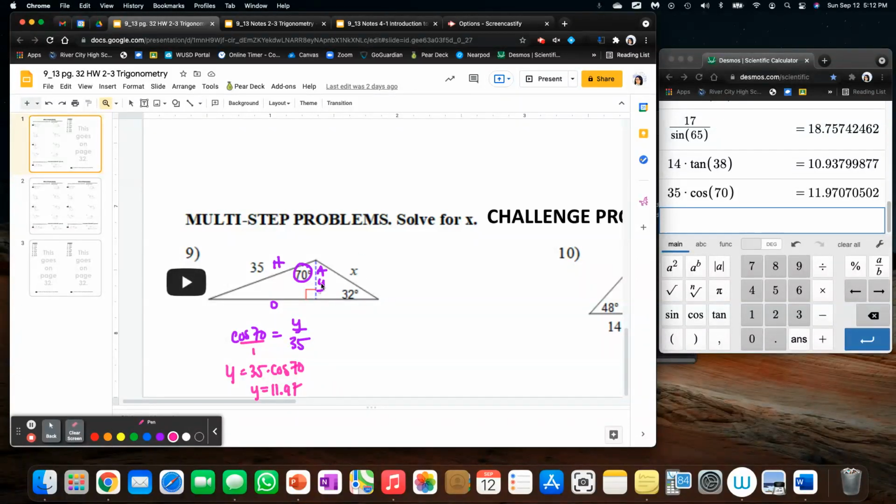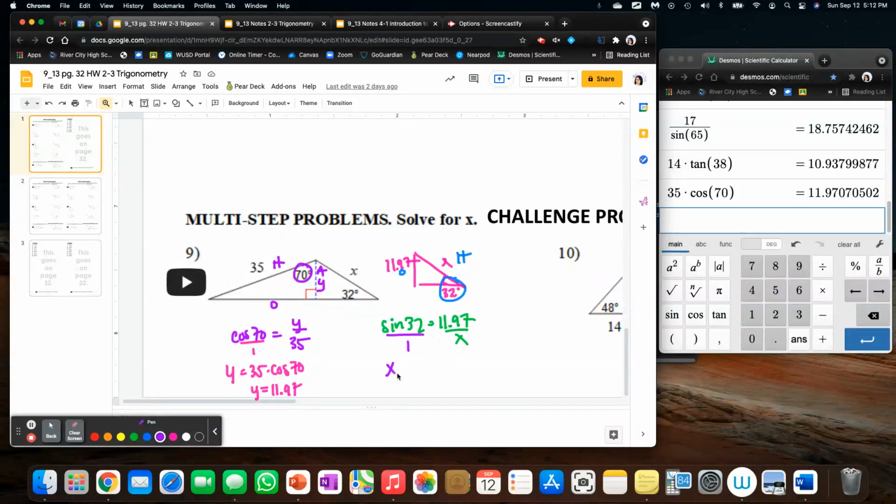Then what we're going to do is use, so now we have this triangle right here. We know that this angle is 32 degrees. This is x, and we now know this side is 11.97. So using this triangle, this is my reference angle, this is my opposite, this is my hypotenuse. We're going to use sine. So sine 32 is equal to 11.97 over x, opposite over hypotenuse.